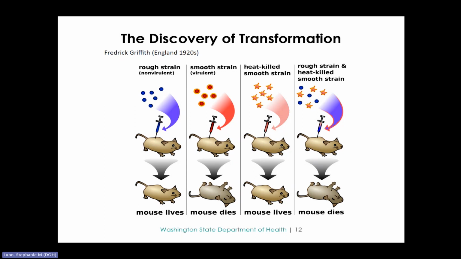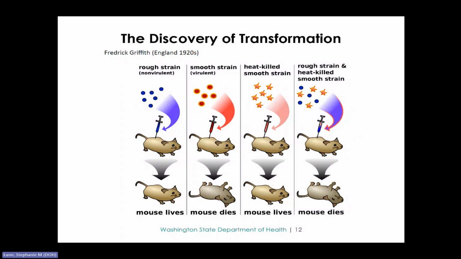So in his experiment, Griffith mixed dead S. pneumoniae cells of the smooth colony formers with the live non-pathogenic cells, specifically the rough colony formers, and he injected the mixture into mice. So the mice that were given injections of only the rough colony forming bacteria survived, but mice that received the mixture of dead smooth colony formers and live rough colony formers died.